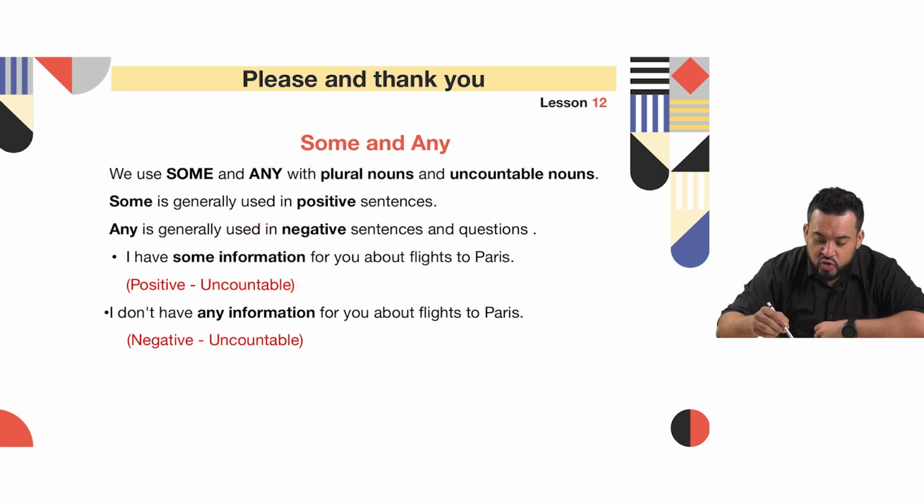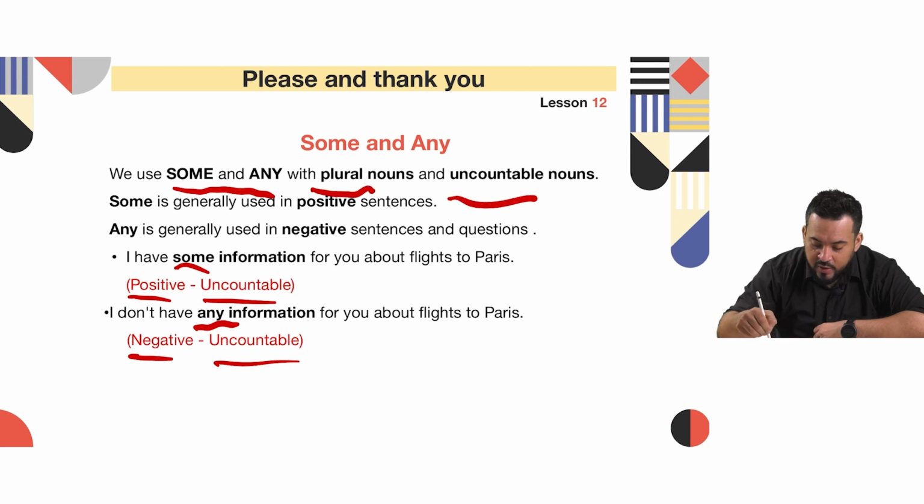Some is used with uncountable nouns or plural nouns. I have some information for you. Positive, uncountable. I don't have any information for you. Negative, uncountable. So any, here we use with negative and uncountable, while we use some with positive, uncountable. We use some and any with plurals or uncountables. We don't use them with singulars.